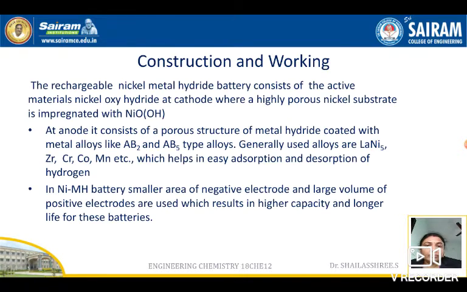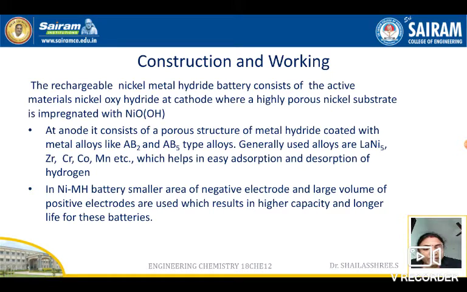Fine. Here the rechargeable battery consists of active materials: nickel oxyhydroxide at the cathode, where a highly porous nickel substrate is impregnated with nickel oxyhydroxide, and at the anode it consists of a porous structure of a metal hydride. I told you what a metal hydride is. When a metal reacts with acids, it gives a metal hydride.